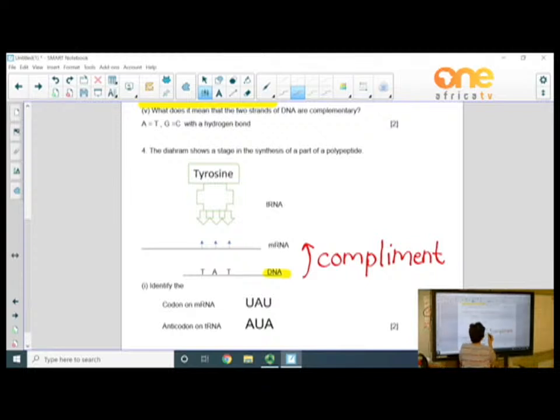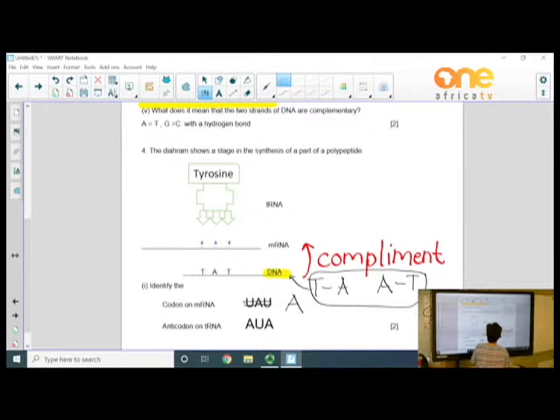Yes, in DNA, T links to A. A links to T if we talk DNA. But if we talk RNA, we know there are no T's in RNA. The T is substituted with a U. Aha. So our answer is A-U-A.